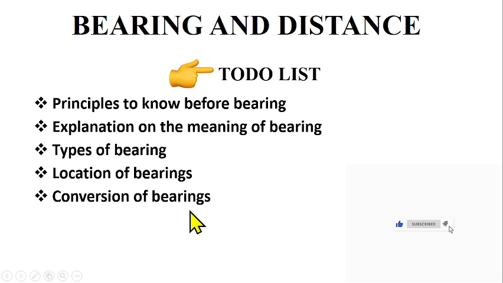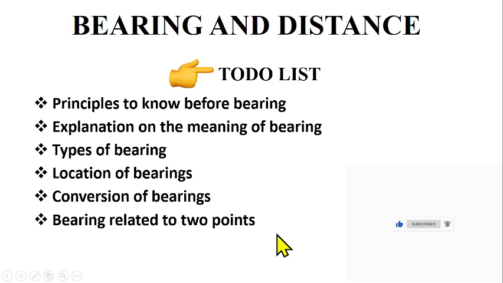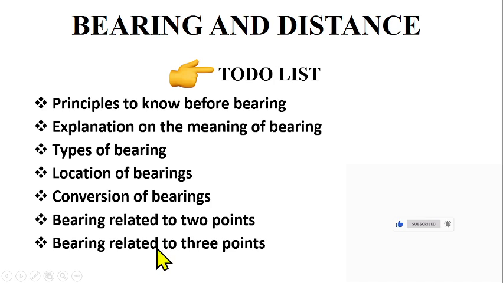So we are going to teach you how to convert bearing from one type of bearing to the other type of bearing, and also we are going to be discussing bearing of 2 points, how we can find bearing between 2 points, and also how we can find bearing between 3 points as well.